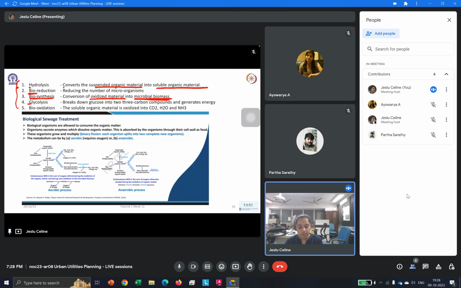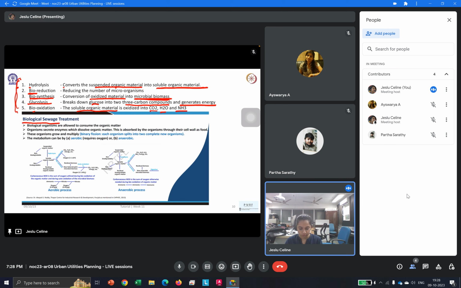Then you have glycolysis, which breaks glucose into two 3-carbon components and generates energy. This glycolysis we've learned in school, so we are aware of that. Then there's biooxidation, where the soluble organic material is oxidized into carbon dioxide, water, and ammonia. So it gets oxidized into different components. So these are the different terms.